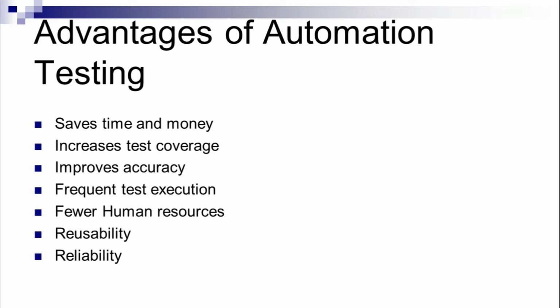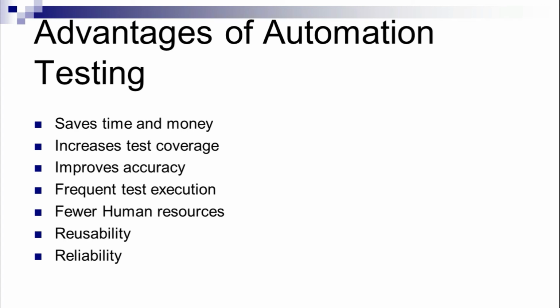Increases test coverage. Obviously, when you create the automation test suite, you can create it in such a way that it can cover more area of your testing. Improves accuracy. Like we discussed in the previous slide, I cannot make a mistake because everything has been pre-coded.